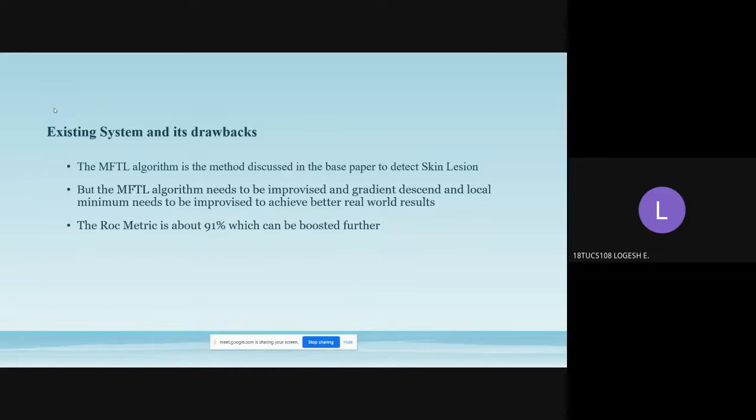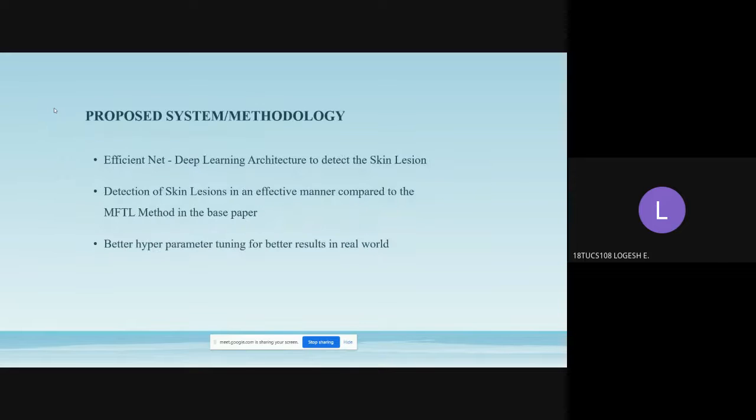But our algorithm will give more accuracy than this. In the proposed system, we are using the EfficientNet architecture, where we can get more accuracy than the MFTL method mentioned in the base paper, ma'am.